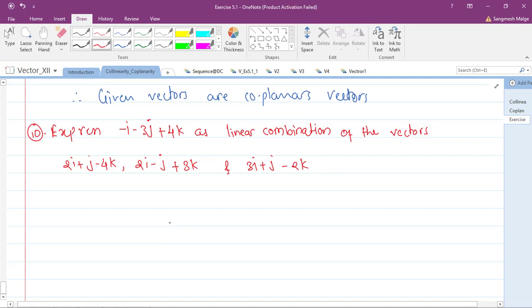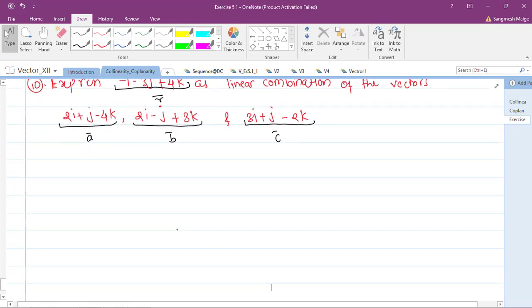So what they are asking is that we have to express this given vector, which we name r bar, as a linear combination of these three vectors. Let's assume these are a bar, b bar, and c bar. So we have to express r bar as the linear combination of a bar, b bar and c bar, the fourth point in our summary.